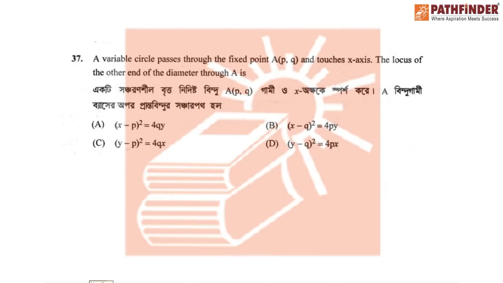Next is question number 37. A variable circle passes through fixed point A (p, q) and touches the x-axis. This is the x-axis, it touches the x-axis at this point.